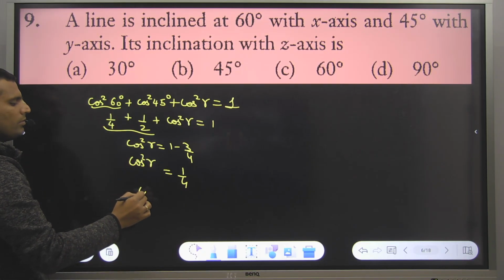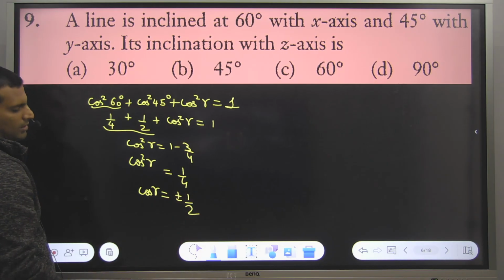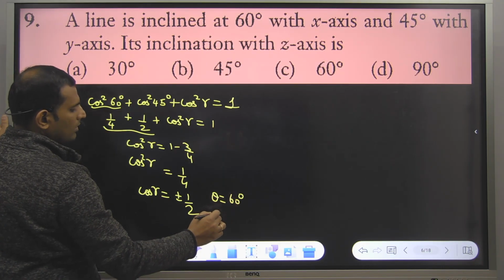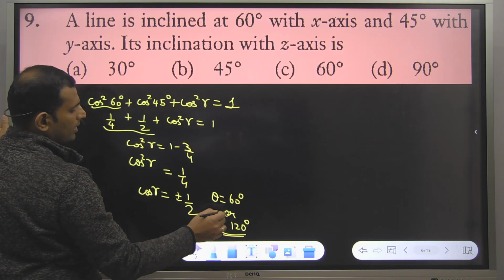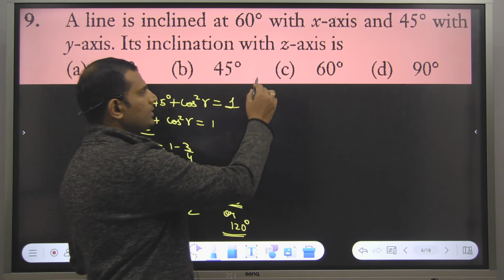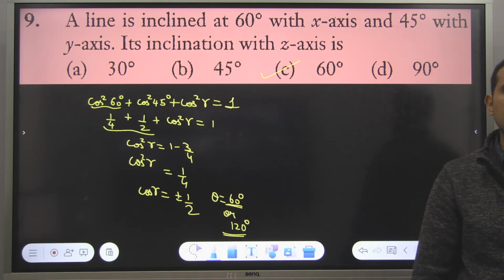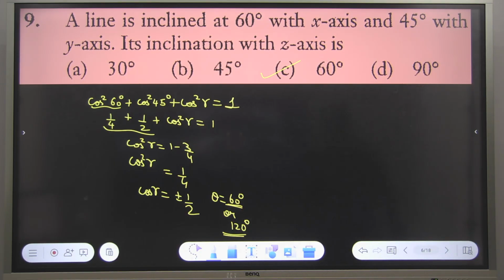If cos square gamma is 1 by 4, what is cos gamma? It can be plus or minus 1 by 2. So 60 degree or 120, 180 minus 60. But there is only one option here, which option? Option C. Note it down quickly. Do it fast, students. Let's go to the next level now.